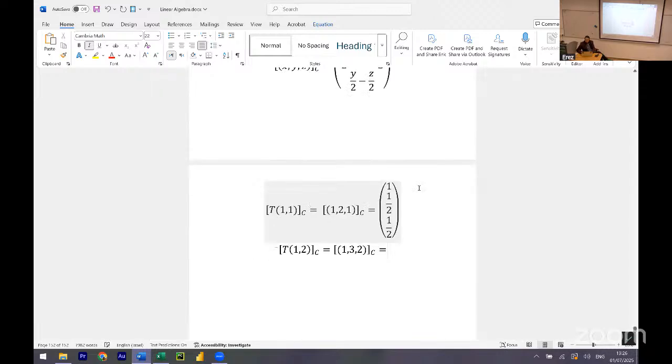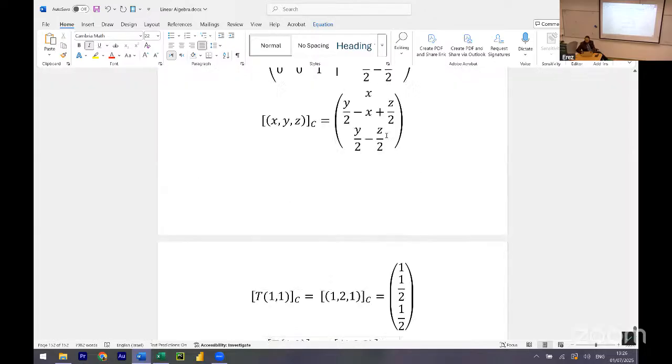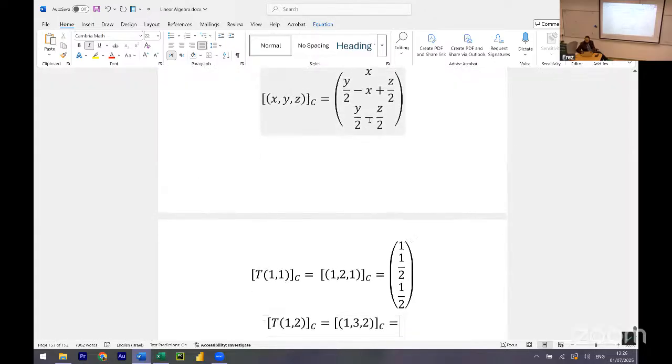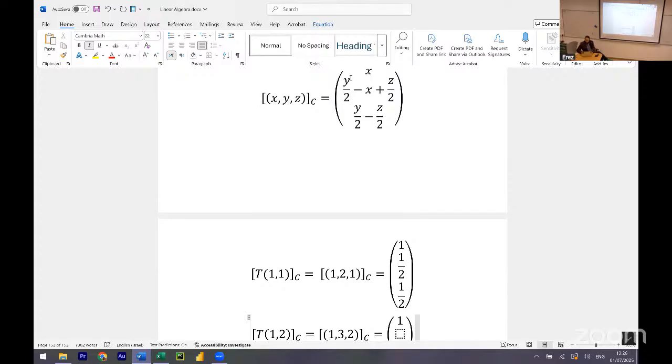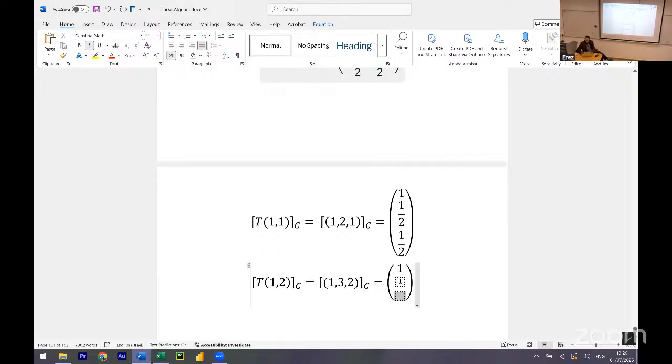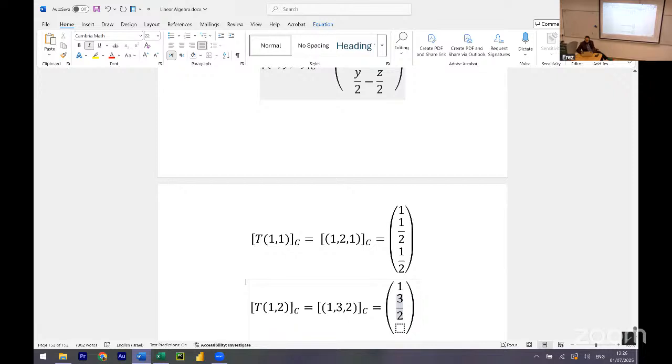And now we plug it in. 1, 3, 2. So the first is 1, and now y is 3. 3 over 2 minus 1 is half, plus 1. So it's 3 over 2. And the last one is y over 2, which is 3 over 2 minus 1. That's half.